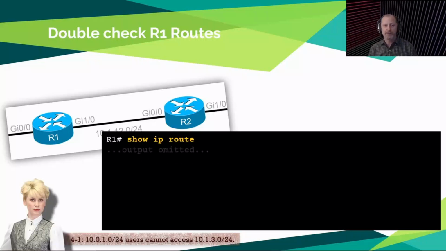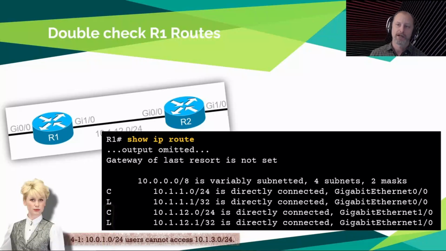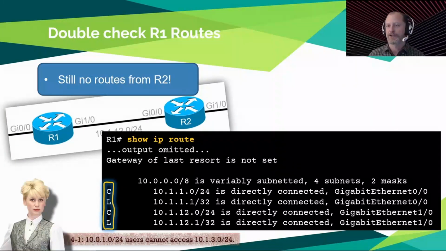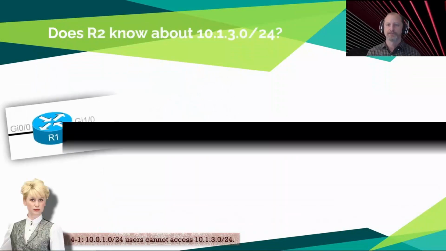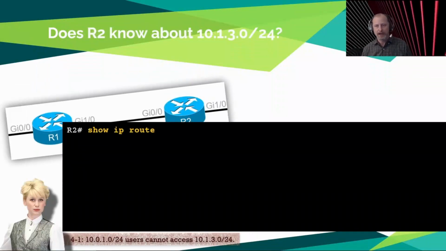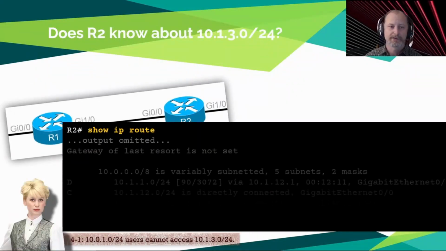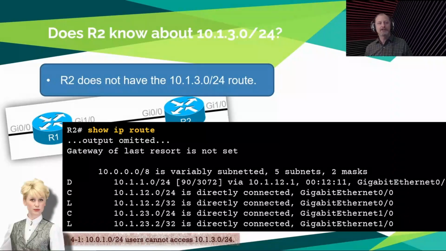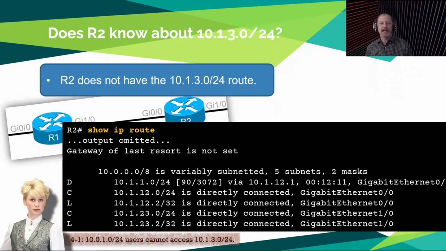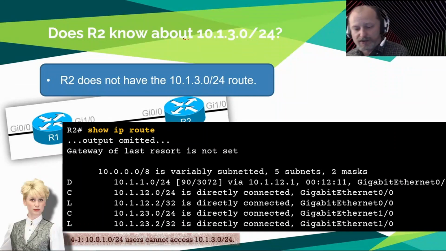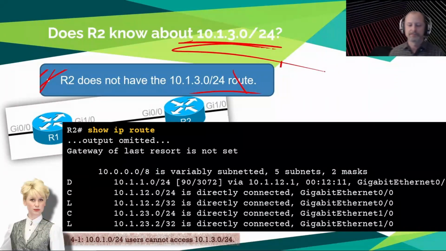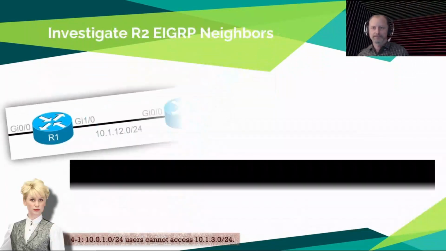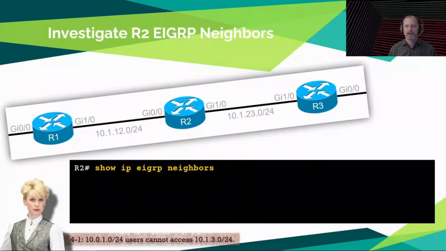R1, show IP route. Okay. Still no routes from R2. What about R2? Let's issue a show IP route there. What's the routing table there? R2 does not have the 10.3.0 subnet. Okay.